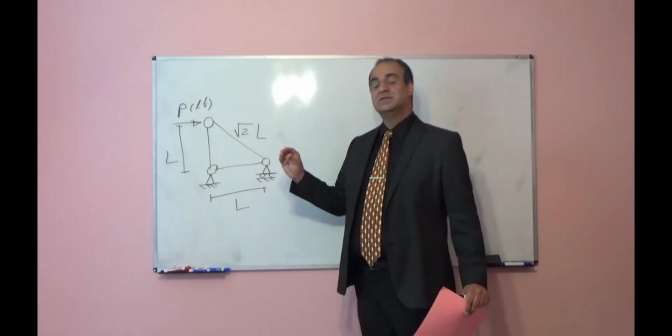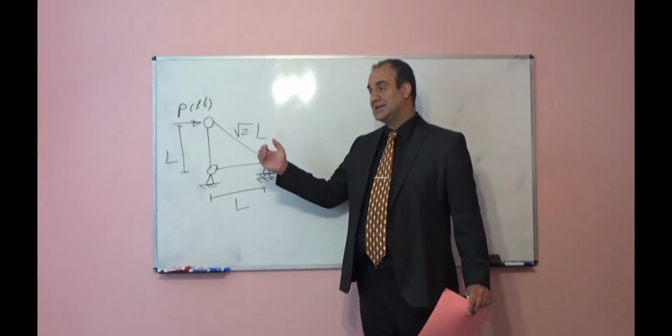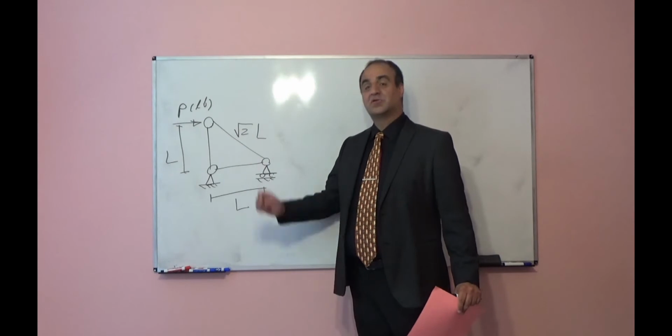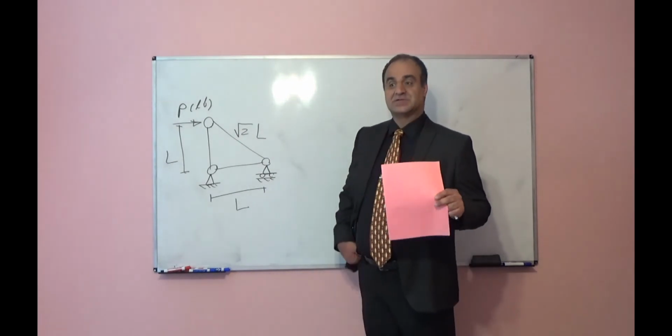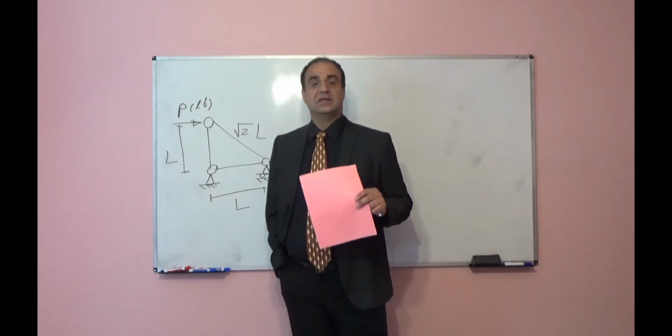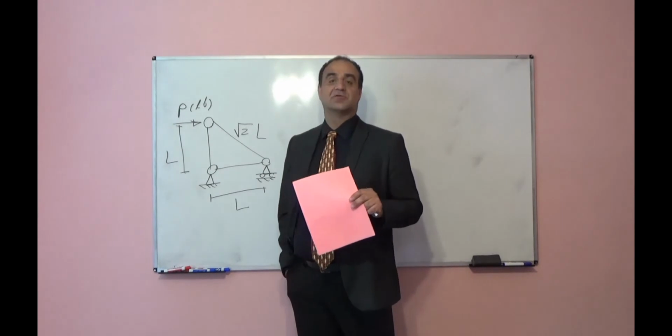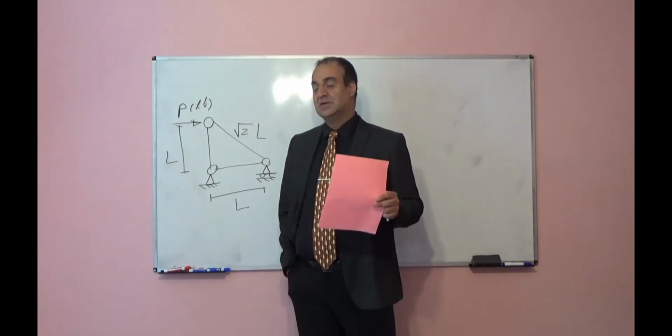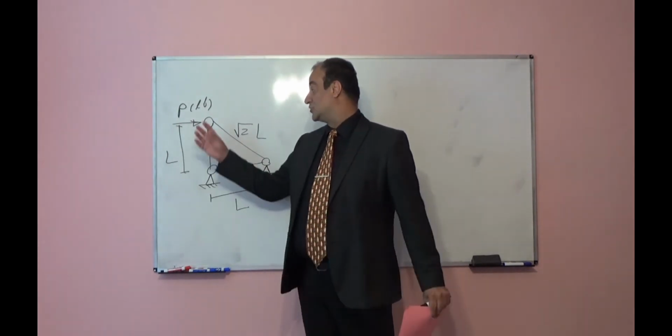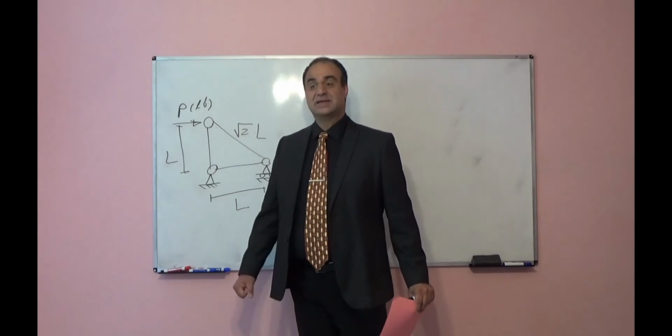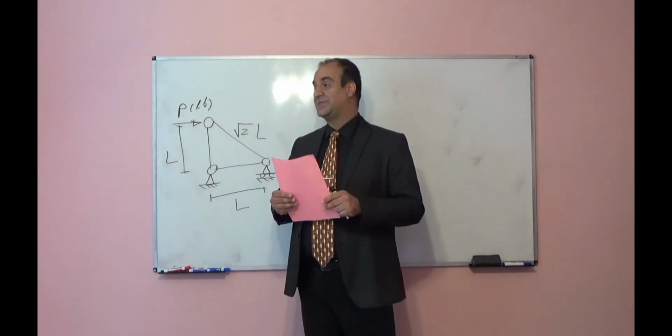If I find internal forces, I can design any member for that internal force. I can design, for example, any kind of wood member or steel member or concrete member in order to withstand that internal force, and we will not have failure.